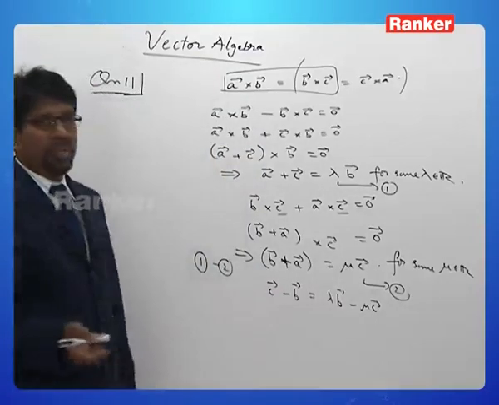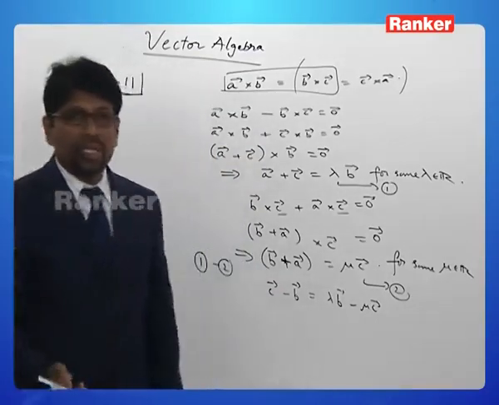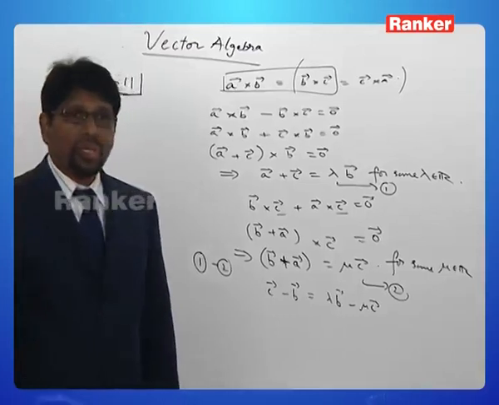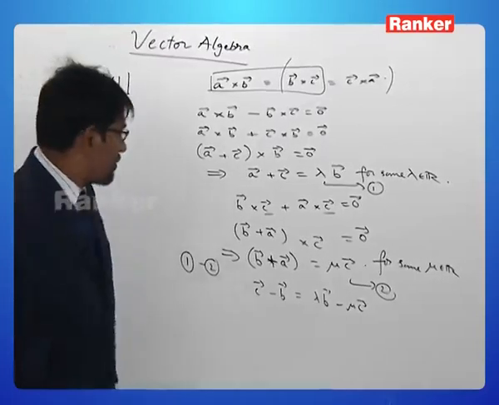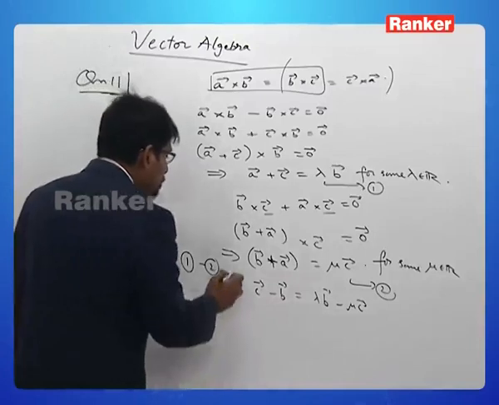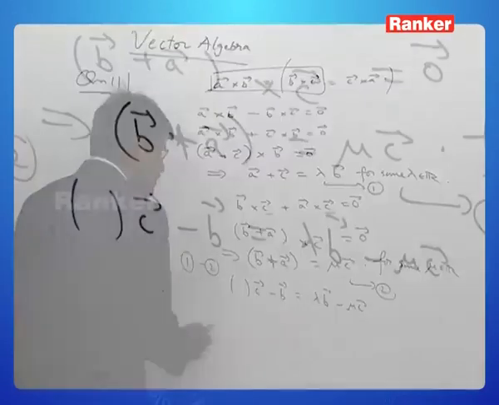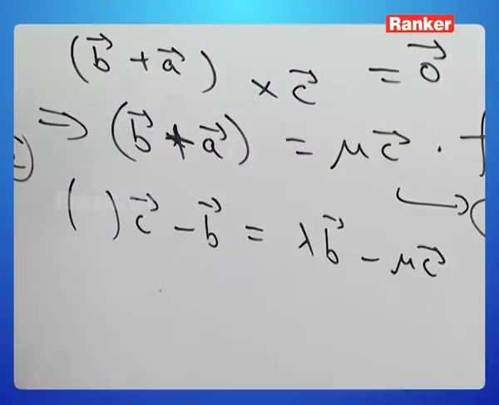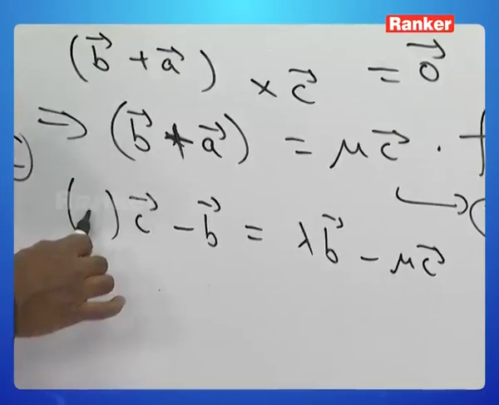Now b bar and c bar are given, I can assume that they are non-collinear vectors.